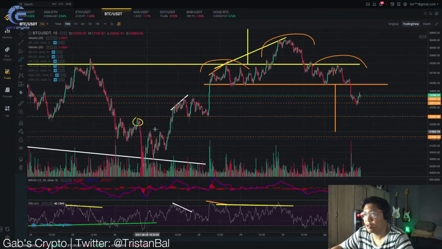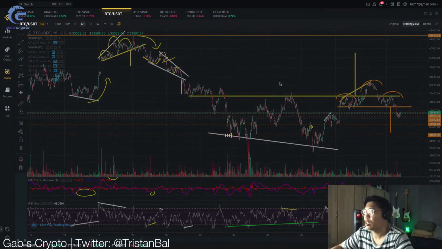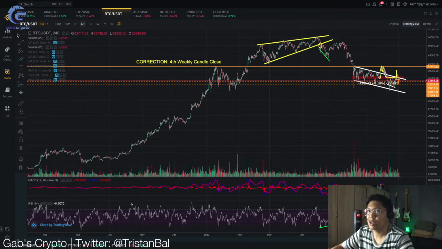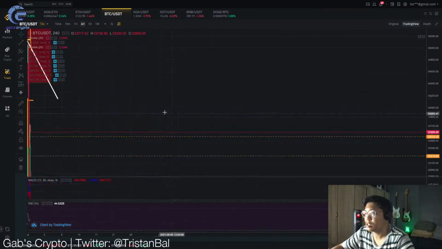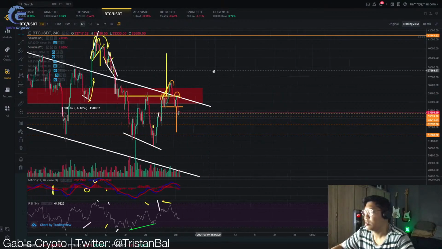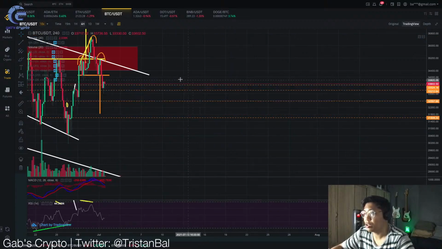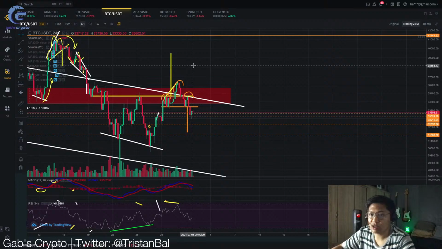So kung yari, ito nga, yung double bottom pattern na sinusundan natin, ang initial target ko talaga nun is this, 38 to 39K if nag-play out siya. So, yun yung sinasabi ko naman, yung aking target levels. Pero yung entry levels, hindi ko siya sinasabi kasi subjective yung entry levels kung saan kayo mas confident pumasok.